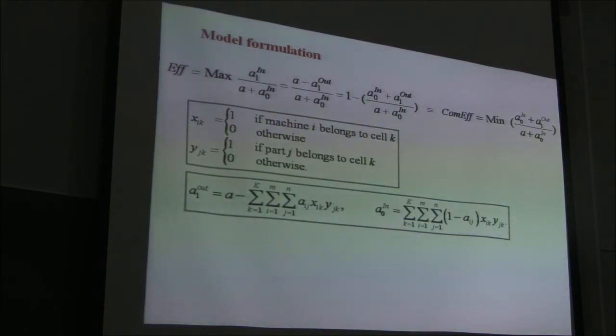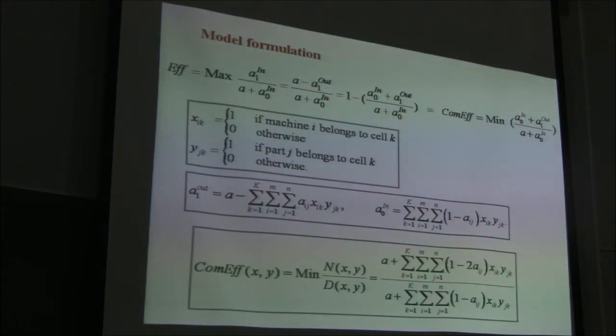So this ratio here becomes the following in terms of the x and y variables. And you try to minimize this ratio. I will refer to n(x) and d(x,y) for the numerator and the denominator, to shorten the notation.